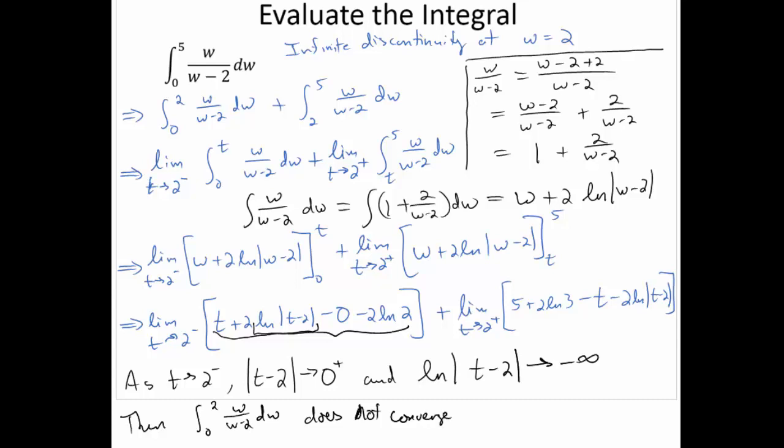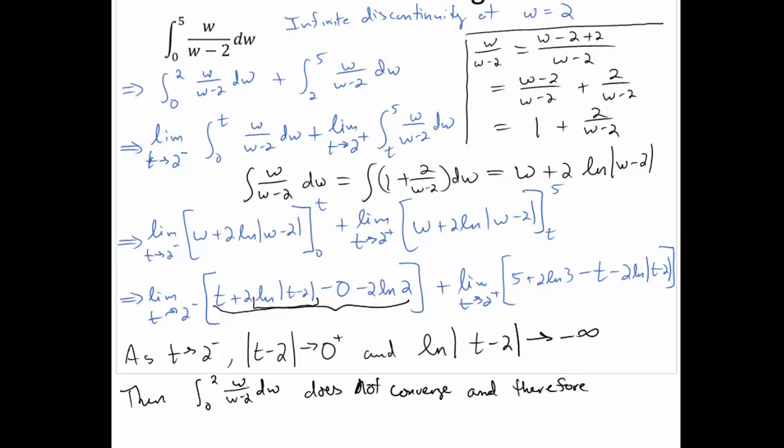If that one piece doesn't converge, then the entire integral doesn't converge, and therefore the integral from 0 to 5 of w over w minus 2 dw does not converge.